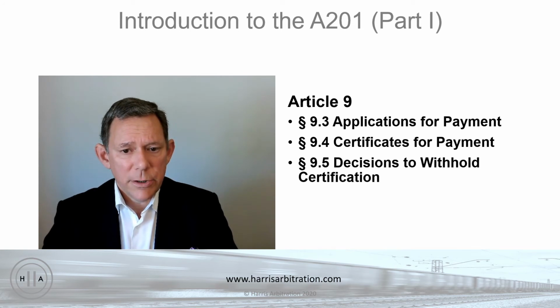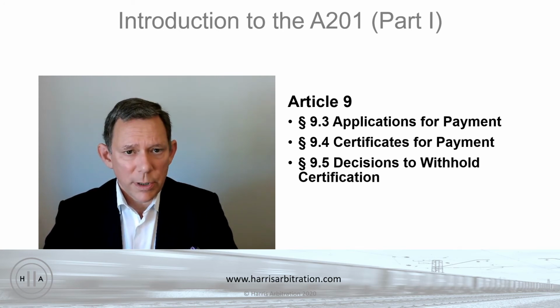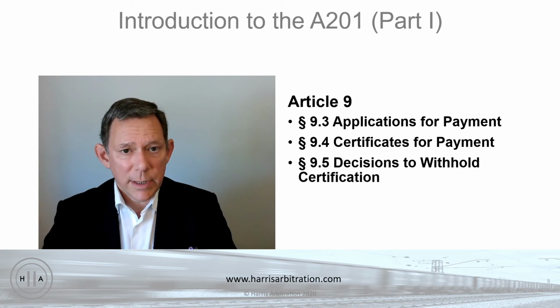Okay, the application for payment process. This goes back to the whole concept of progress payments that we saw in the A101. And the way this process works is typically at the end of the month, or within X number of days of the end of a calendar month, the contractor has to submit an application for payment.